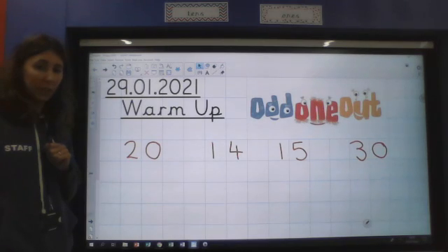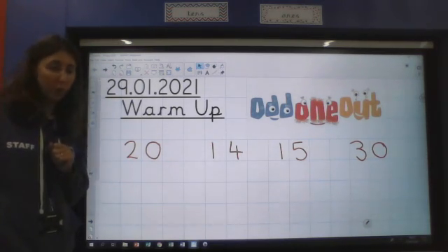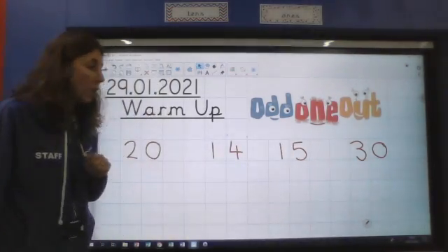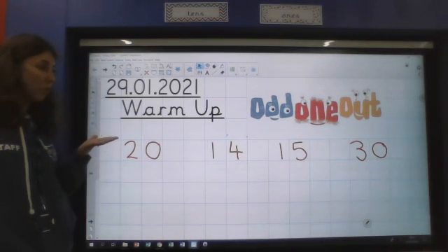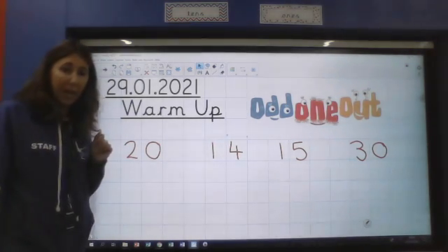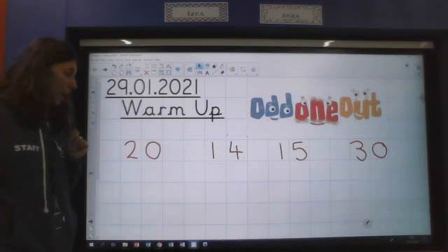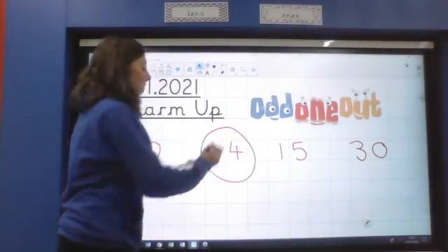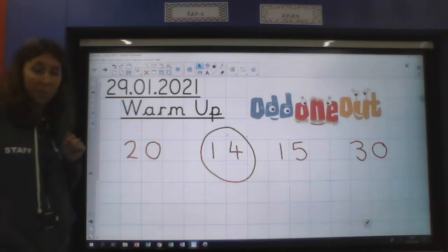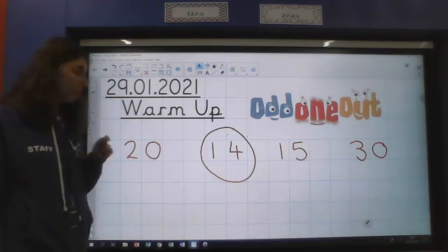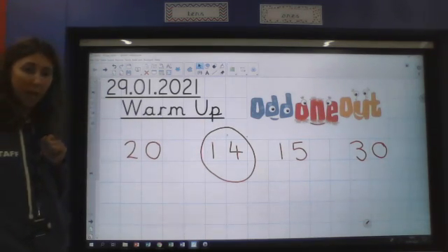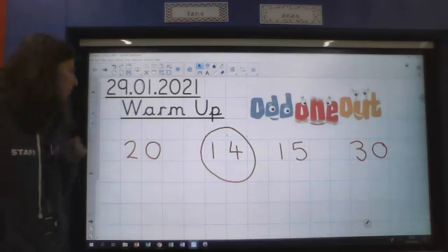Okay, this one was a little bit tricky because I think you could have thought of lots of ones that was the odd one out. You might have talked about the tens numbers. So 30 might have been the odd one out because it's the only one that's got 3 tens. You might have said that 14 is the odd one out. 14 is the one that I thought of because 14 is not a multiple of 5. 20 and 15 and 30 are all in our 5 times tables, but 14 isn't.